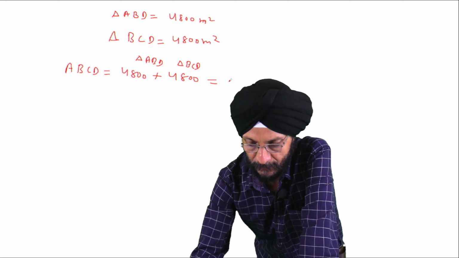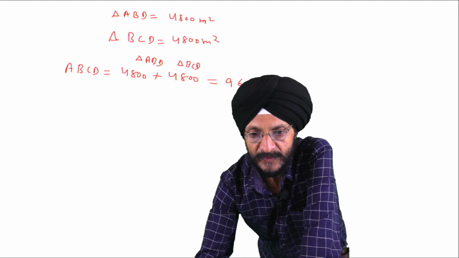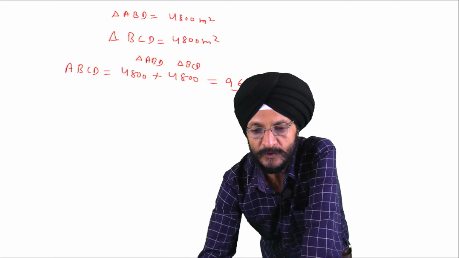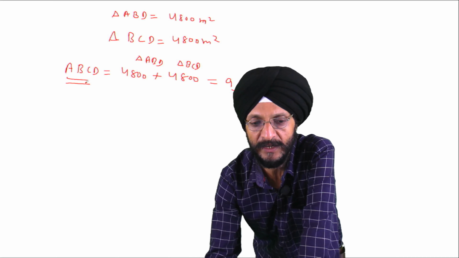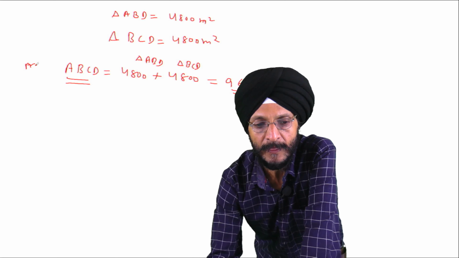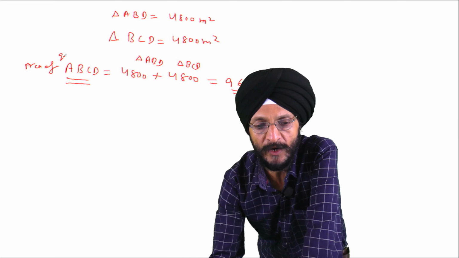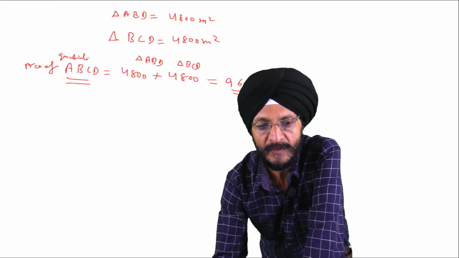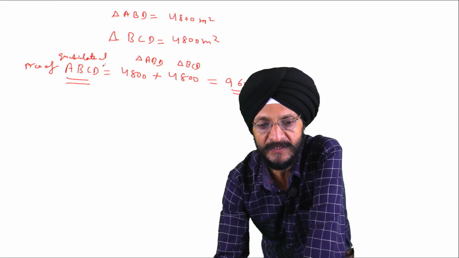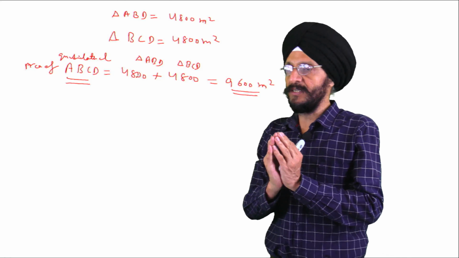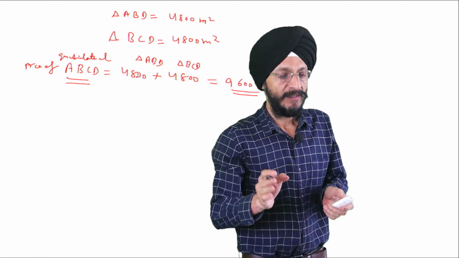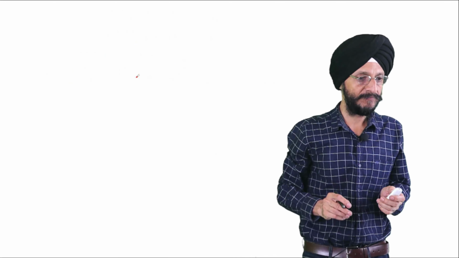So the answer before us is 9600 square meter. The area of quadrilateral ABCD is equal to the total of both these triangles, and we will arrive at the area of the quadrilateral.